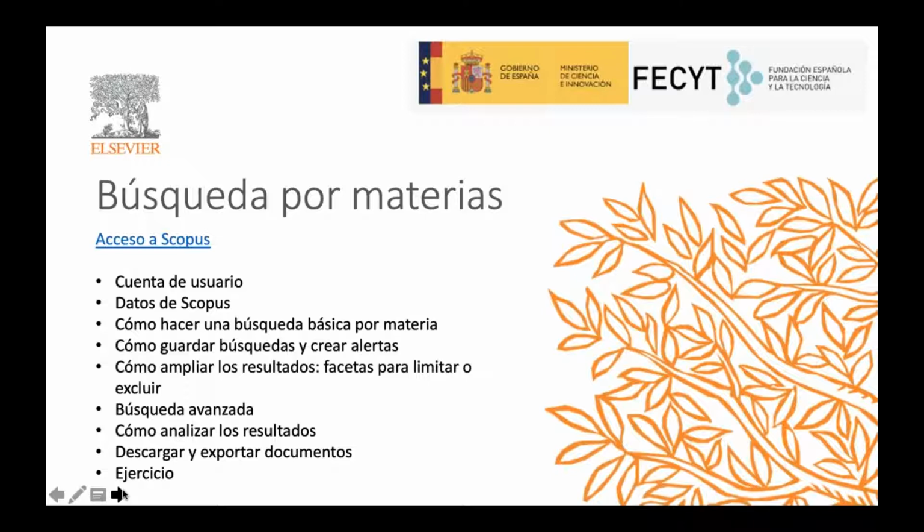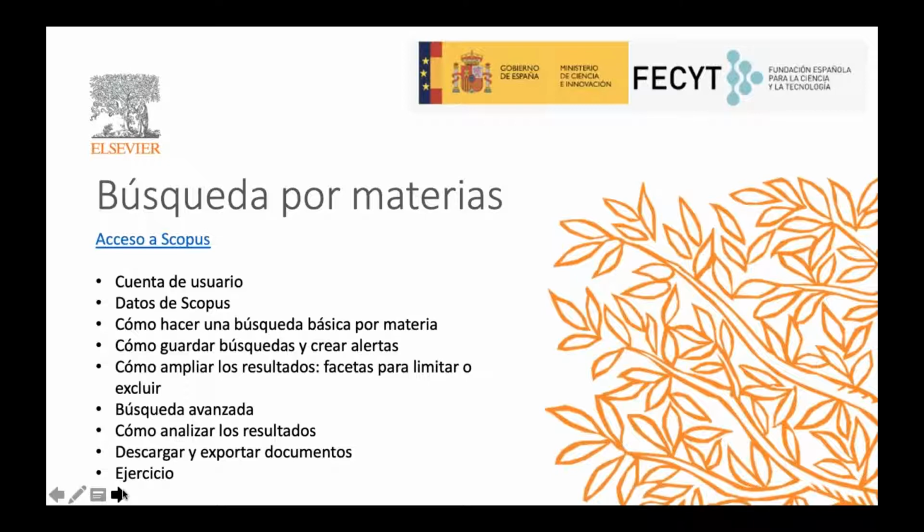We are going to see what's the difference between having or not having an account in Scopus, in the same way that you have an account in Amazon or in other services.